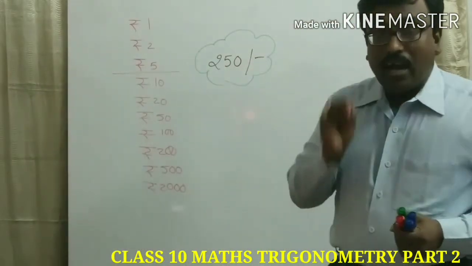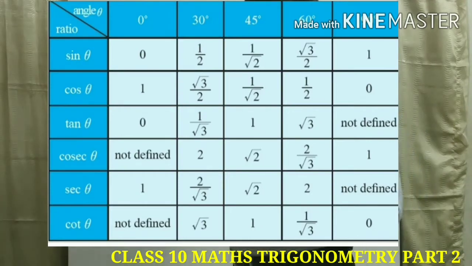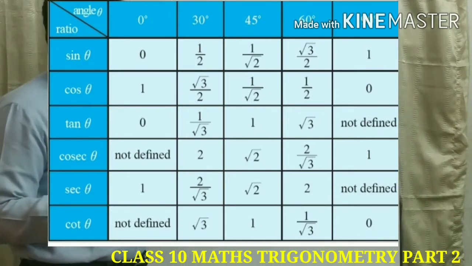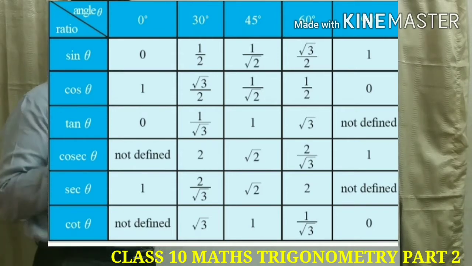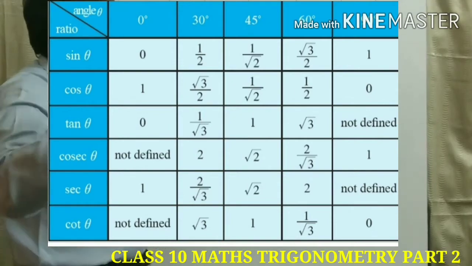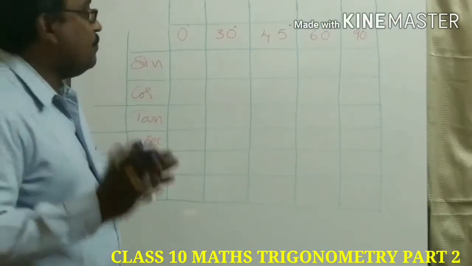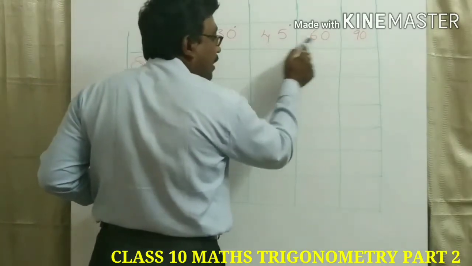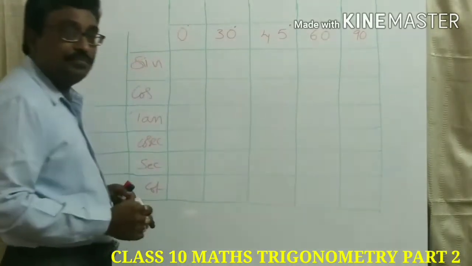Like that, there are specific angles proposed in trigonometry. They are called the fundamental or prime angles of trigonometry. They are 0 degrees, 30 degrees, 45 degrees, 60 degrees and 90 degrees.